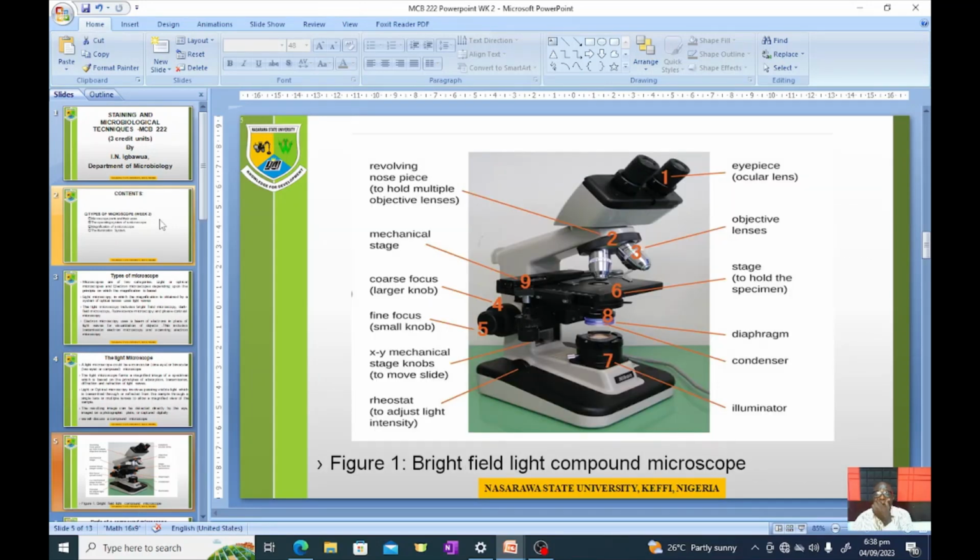Here we are on the screen, the structure or diagram of a bright field light compound microscope. You can see the base, you can see the arm, you can see the parts as labeled from 1 through 9.